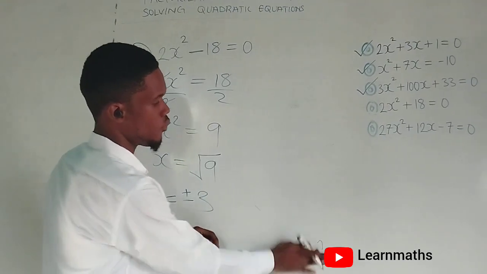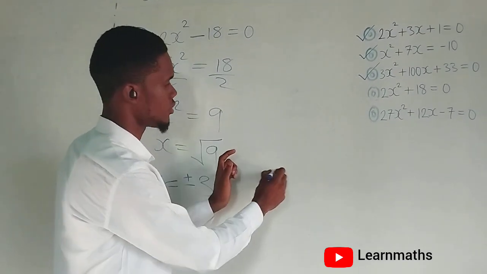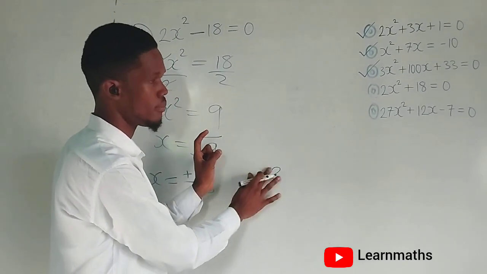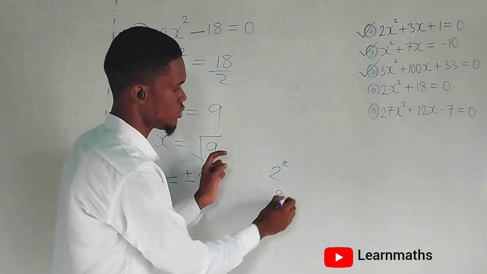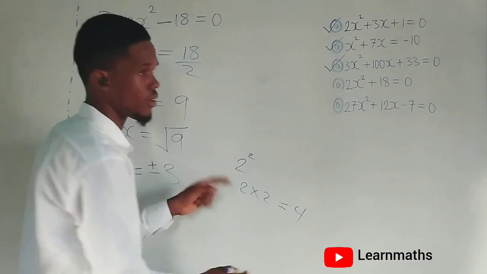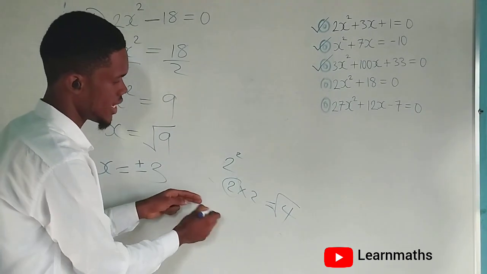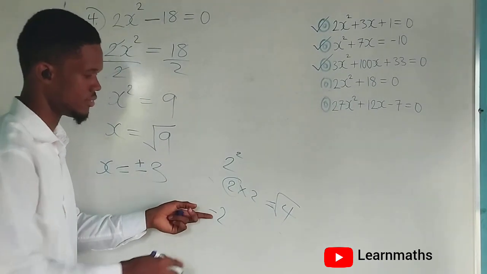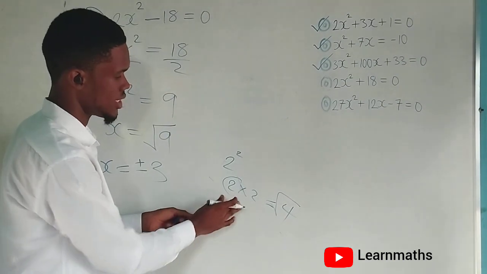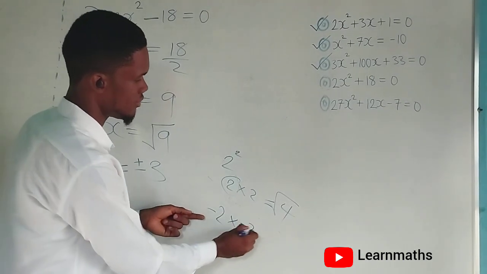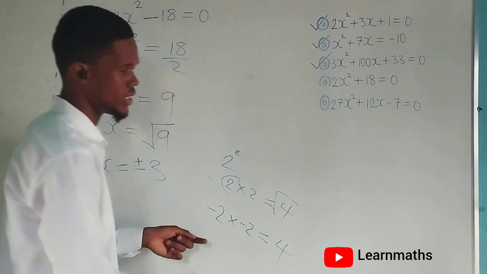Assuming we are taking the positive 2, positive 2 squared, that is 2 times 2, is 4. So the square root of 4 should be positive 2. Now let's consider the negative 2. Negative 2 squared, which is negative 2 times negative 2, is still equal to 4.